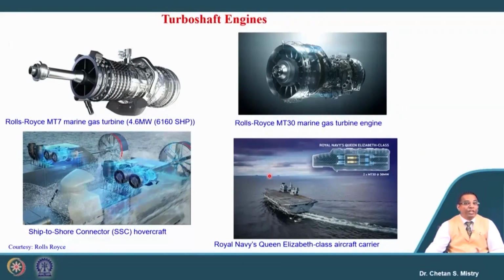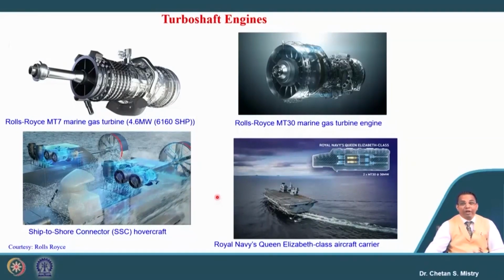So here a very important term comes into the picture, that is called power to weight ratio. These gas turbine engines have a very high power to weight ratio, because their weight is lower compared to an internal combustion engine, and that is the reason why people started applying these gas turbine engines for these special marine applications, where they are able to achieve high speed. That is also a major requirement.